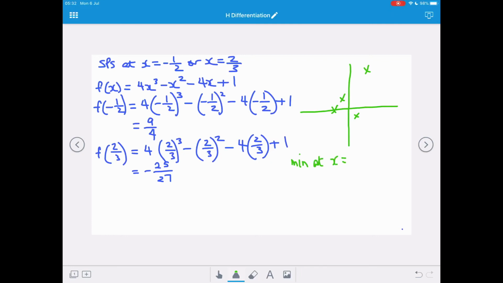So our minimum value is negative 25/27 for this function. And the maximum value of this function was actually at the end of our closed interval when x equaled 2. So our maximum value for this function is 21.